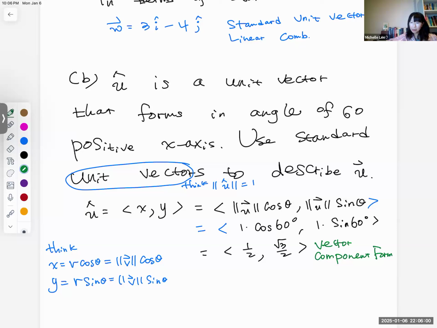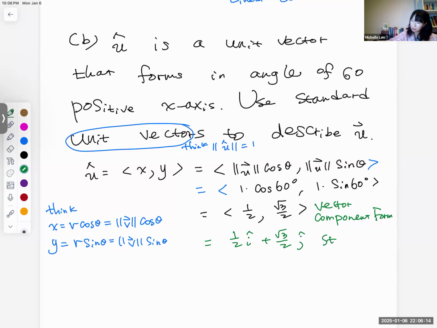But we want to express it as a standard unit vector, right? So there will be 1/2 i hat plus square root of 3 over 2 j hat, right? So that's the standard unit vector form or linear combination, right?